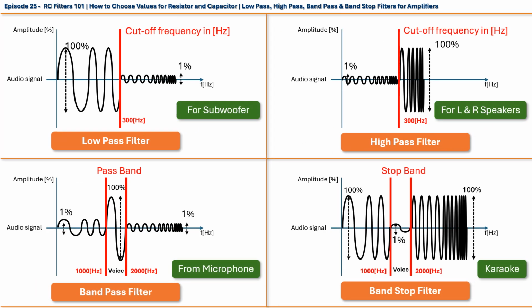This dry theory and definitions can be a bit unappealing, so let's make things clearer by giving a real-life example. In speaker configuration, most commonly, you have front left and right speaker, and a subwoofer. Frequencies that subwoofer reproduces are below 300 Hz. So, if we want to split our audio signal, and send all frequencies below 300 Hz to a subwoofer, and all those above 300 Hz to left and right speakers, we need RC filters.